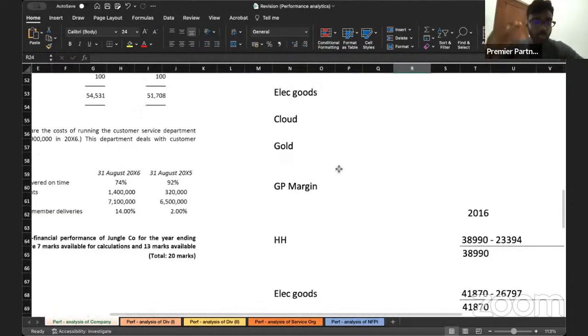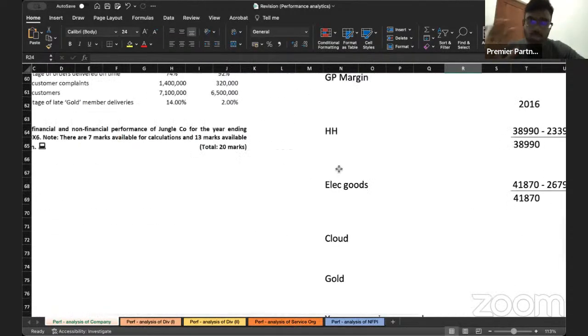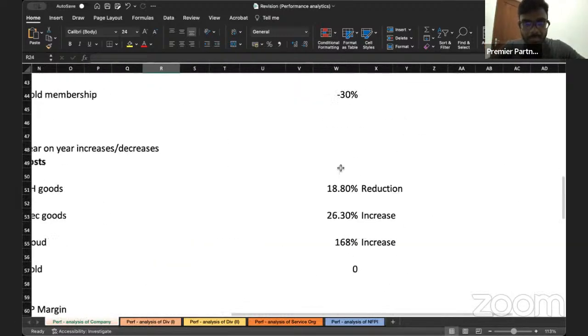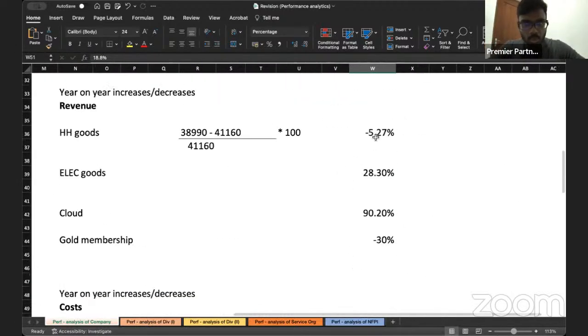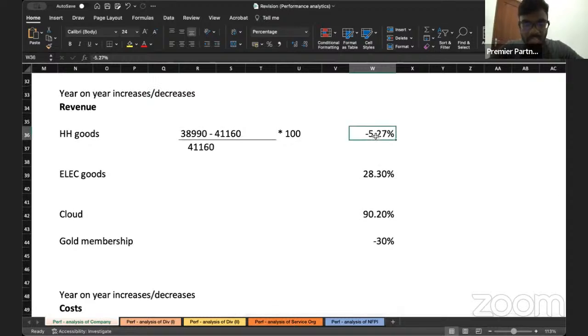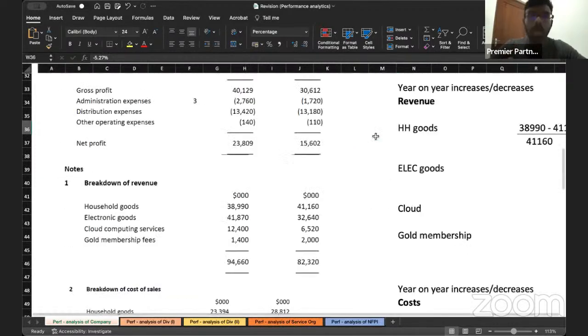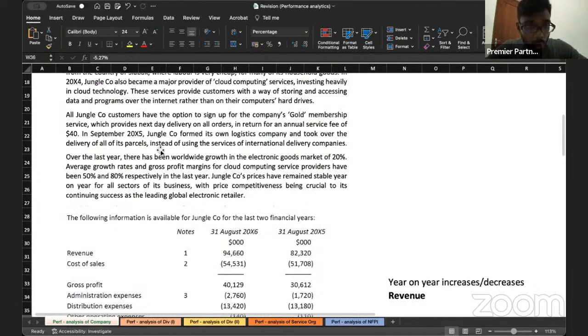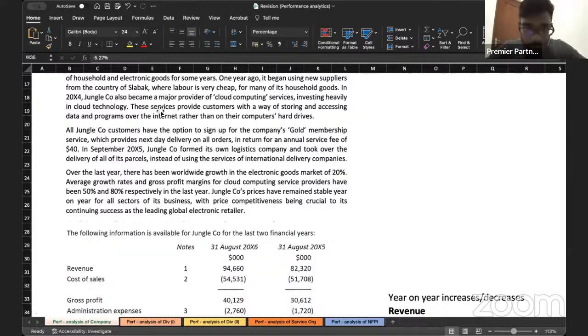In the discussion, don't state the obvious, people. For example, my household goods sales have come down by 5.27%. Why is it coming down? You say this could be because of the low quality supplies that you're getting from Slovakia.